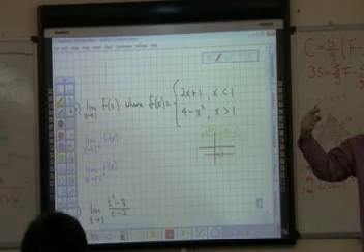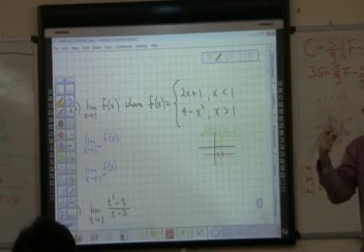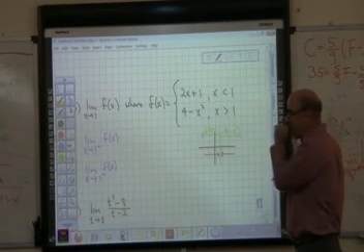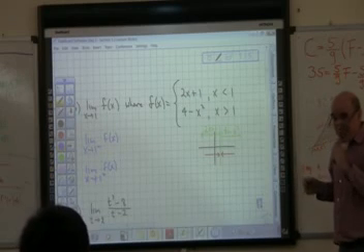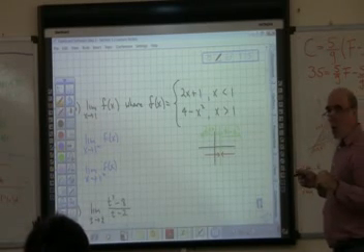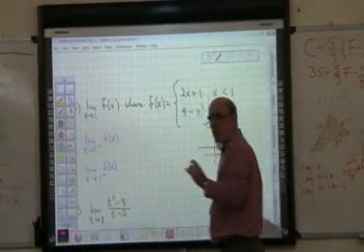In other words, am I approaching the same limit from the left as I am from the right? Or am I approaching two different limits? I need to ask myself, what is the limit of my function as I approach 1 from the negative side?